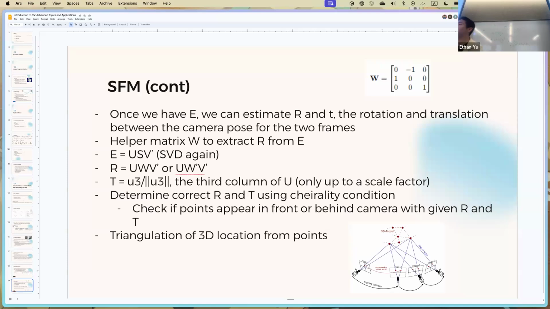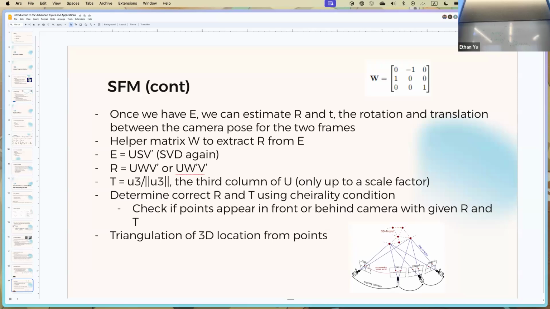It basically asks: if I actually had that R and T, would the points be in front of my camera or behind my camera? There are 4 combinations of possible R's and T's, and you check the chirality condition for all the matched points, making sure they're actually in front of you as they should be.